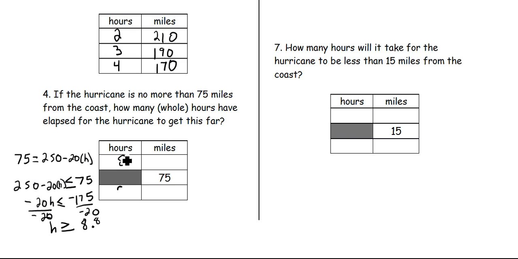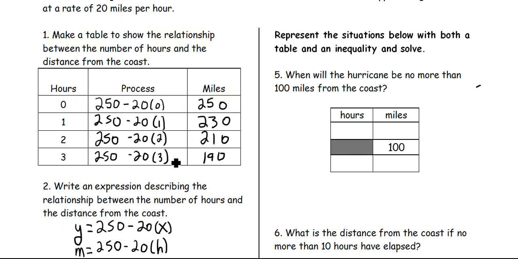At 9 hours, it would be less than 75. So if we figured that out, 250 minus 20 times 9 is 180, so that would be 70. And at 8 hours, it would be 90. So 75 does fit in there.